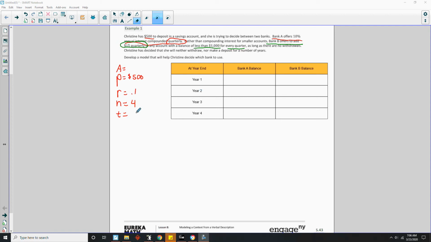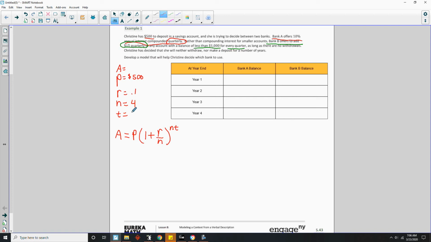For year 2, T is going to be 2. Year 3, T is 3, and so on. So we need the formula, and it is the amount equals the principal times 1 plus the interest rate divided by the number of times per year, all to the n times t.